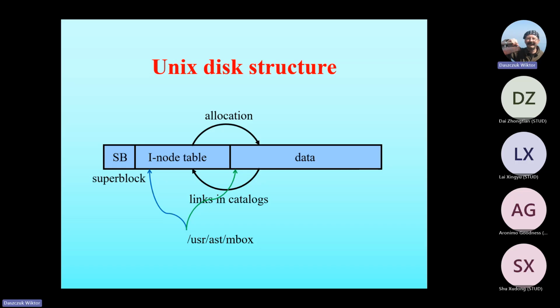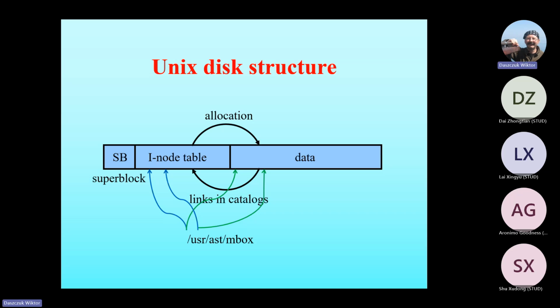We read root directory, searching for the name USR. When we find it, directory entry tells us what is the inode number of USR directory. It is somewhere here. Okay. So we learn about the location of USR in data, and we move to data.